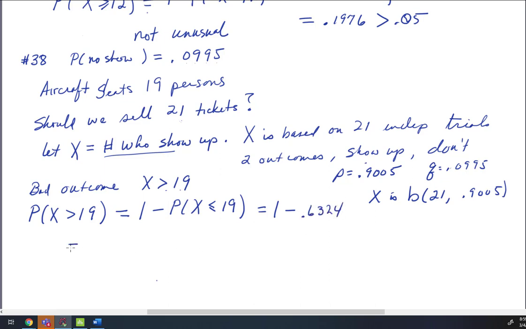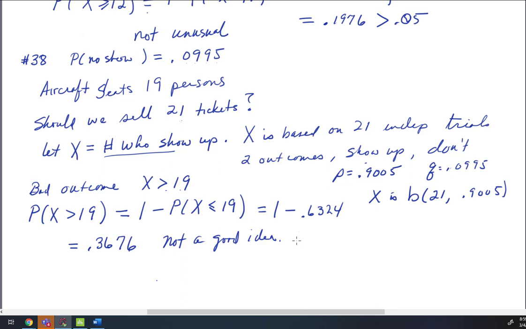1 minus 0.6324 is equal to 0.3676. So I would say this is really not a good idea, because you're going to have unhappy passengers. Let's call this, is overbooked the right word?